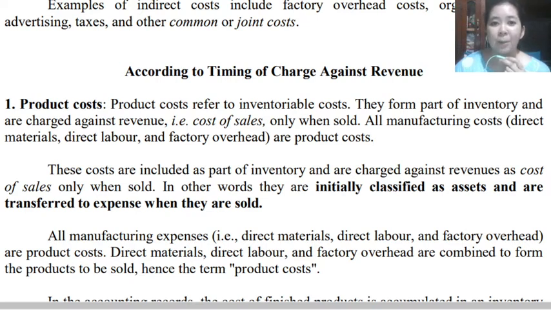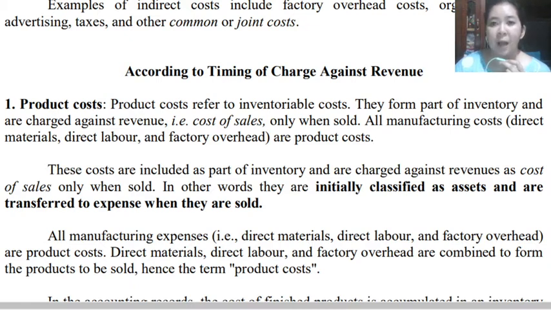Okay, so here I am going to use our journal entry to explain further what product costs are. In our production, you will learn this actually under our module for the accounting of materials, labor, and factory overhead.